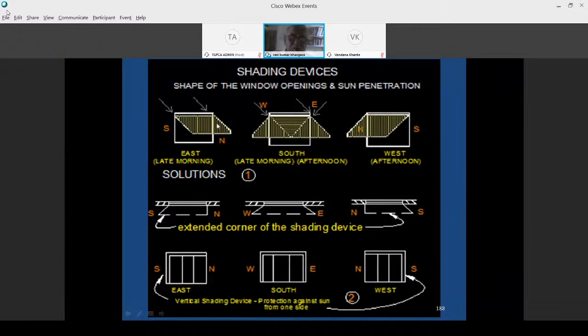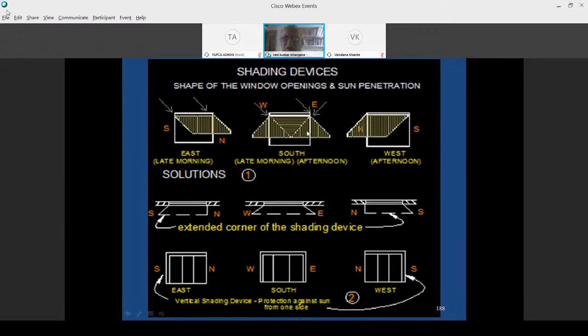Morning condition, this portion will be in shade. In the noon, this triangular portion will be in shade, whereas corners will be exposed to sun. During morning, the east side triangular portion will be exposed. During afternoon or before evening, the west side triangular portion will be exposed.